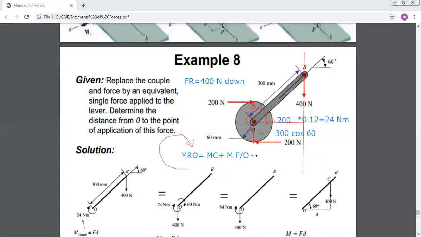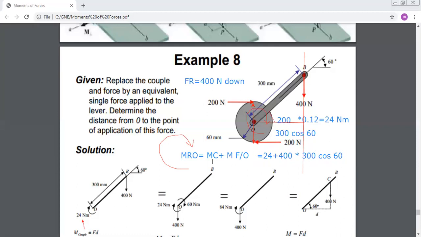So it's equal to 24 plus 400 times the distance, which is 300 cosine 60. Okay, so now you can find the resultant couple at O. What I did until now is I reduced my system to one force, one couple acting at point O.